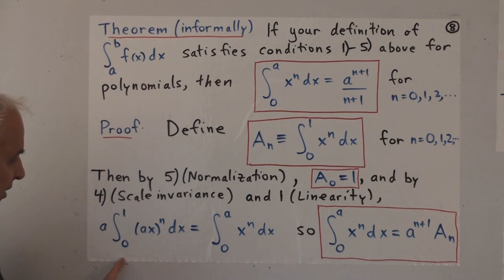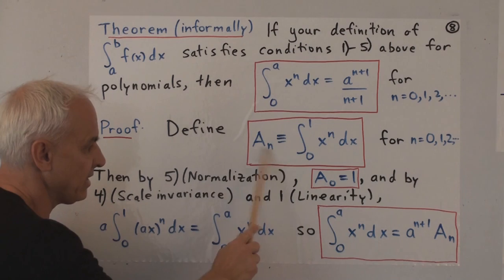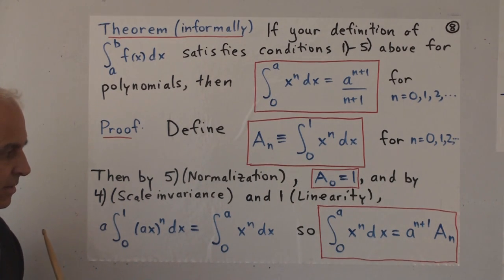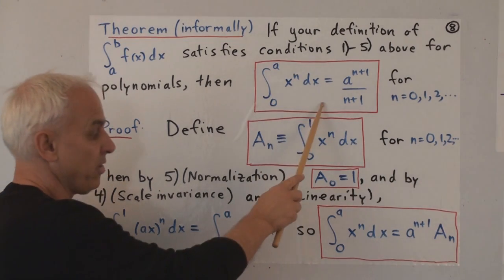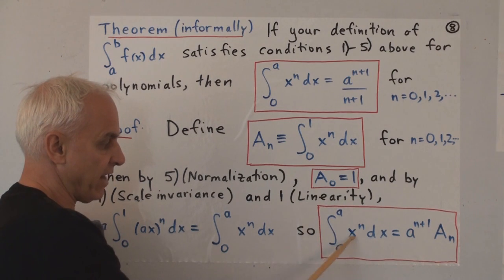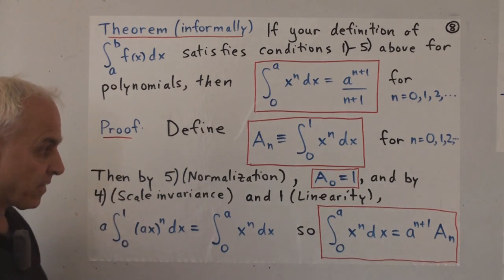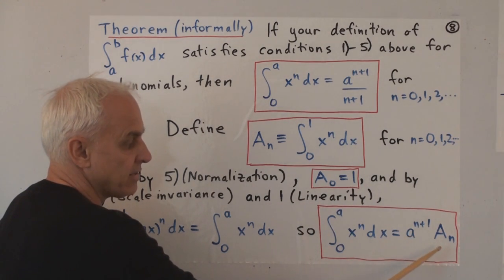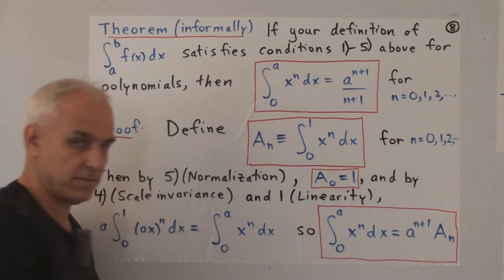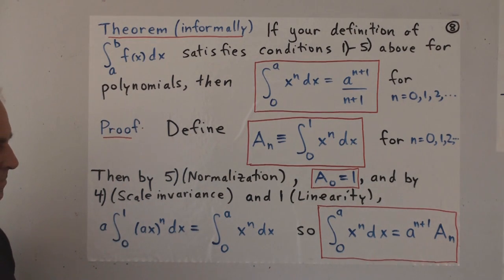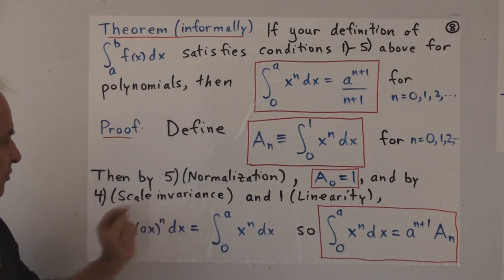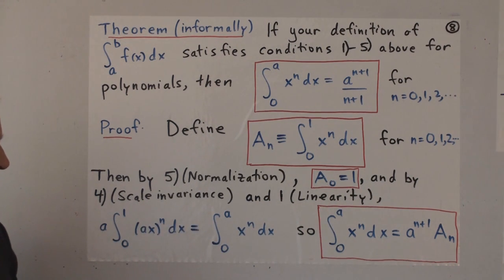And what we're left with here is the integral from 0 to 1 of x to the n, which we've agreed is A sub n. So the quantity that we're interested in, the integral from 0 to a of x to the n dx, is a to the n plus 1 times A sub n. So we've established that by using property 4 and property 1.